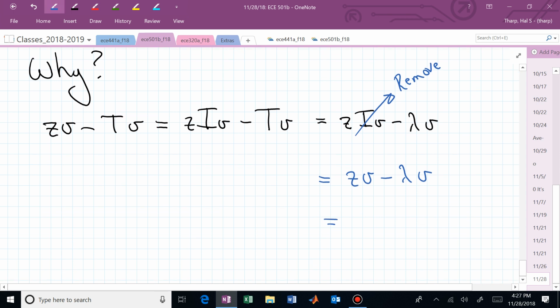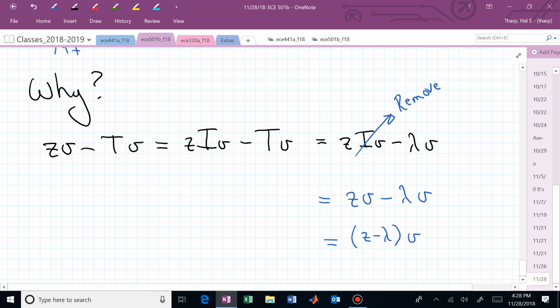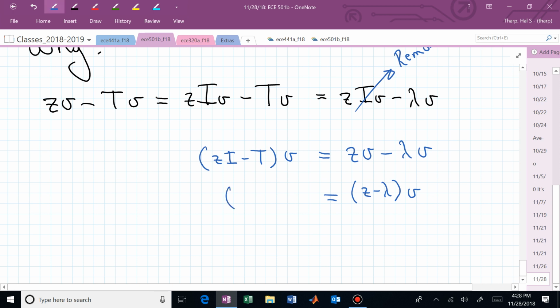But I can just factor out the common scalar from both terms, and I have z minus lambda times the vector v. What happens on the left-hand side? Well, now I can factor out z times the identity operator and T from that vector v, or I can say this is zI minus T v. So that now I have zI minus T v equaling z minus lambda v.